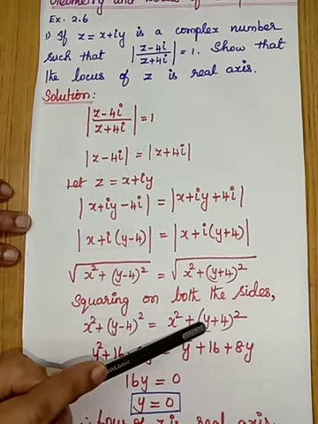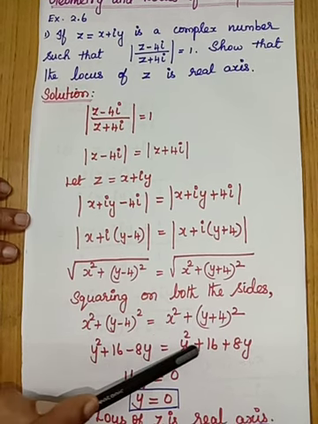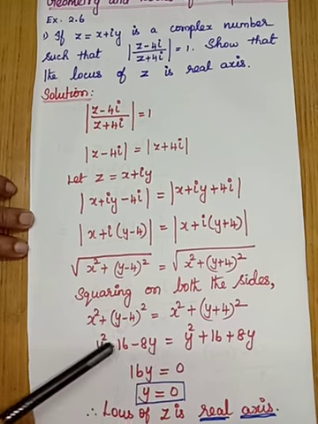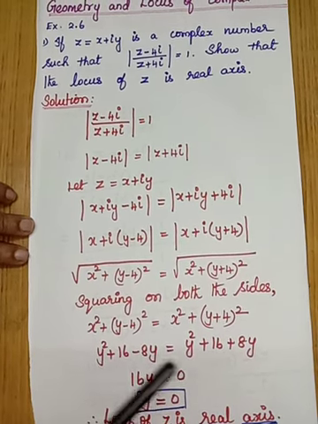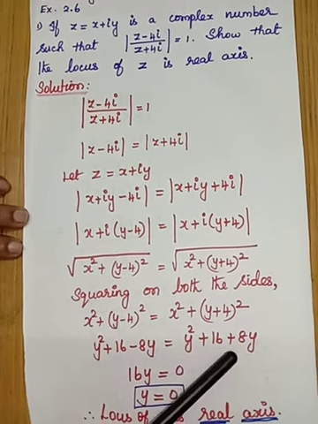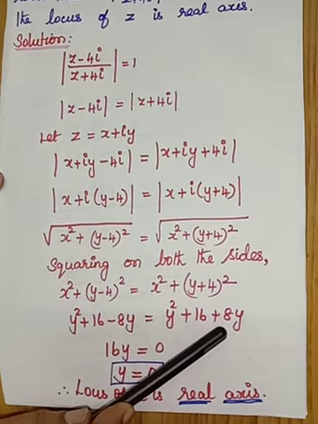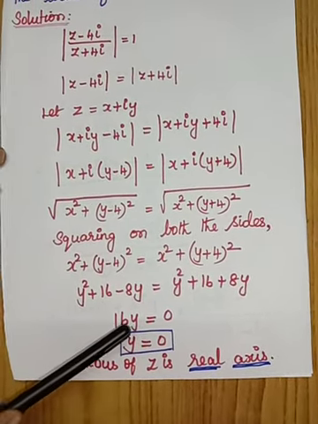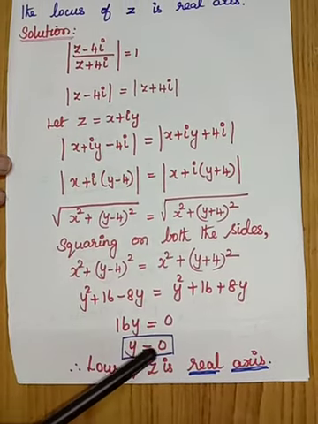Here you use (a plus b) the whole squared, so it is y squared plus 16 plus 8y. So y squared gets cancelled, 16 gets cancelled, and minus 8y, when I take it to the right side, is plus 8y. Already 8y is on the right side, so 8y plus 8y is 16y equal to 0. So 16y is equal to 0 means y is equal to 0.